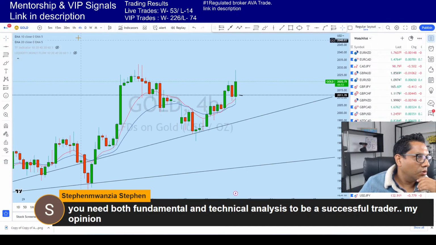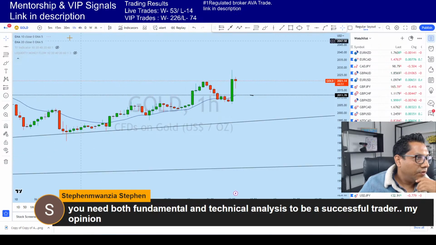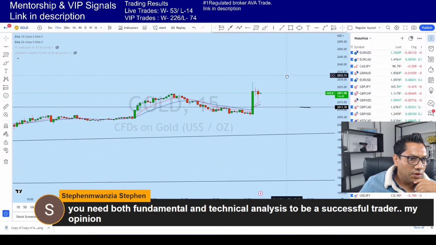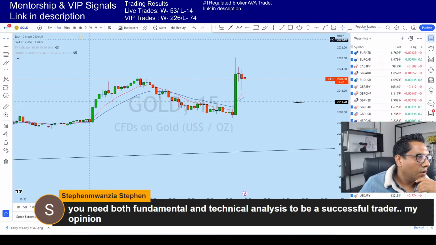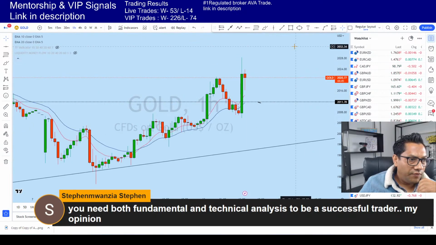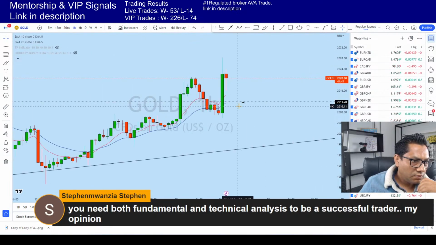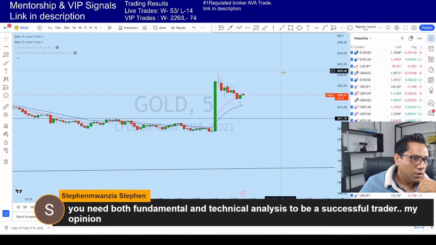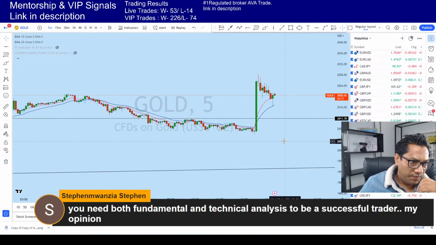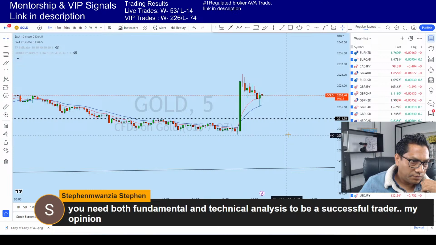This candle is going to close in 45 minutes. If gold drops to this level on the lower time frame, we'll look for a trading option. I think it will drop to this level and then bounce to the upside again.